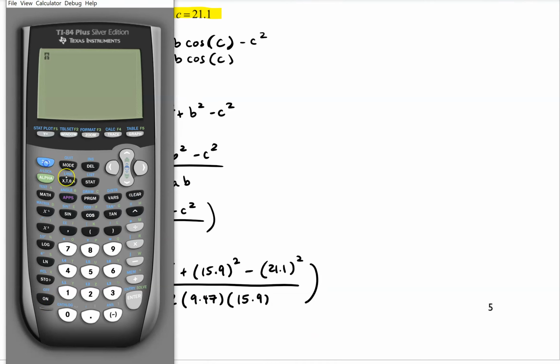Okay, so we're going to do cosine inverse of 9.47 squared plus 15.9 squared minus 21.1 squared divided by 2 times 9.47 times 15.9.